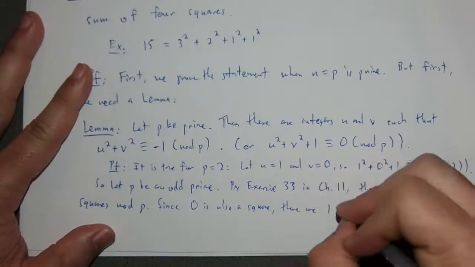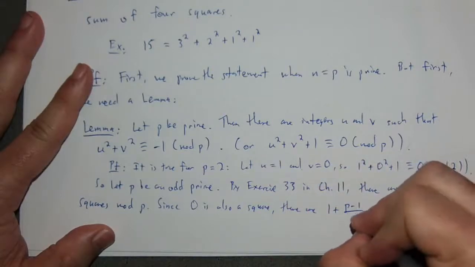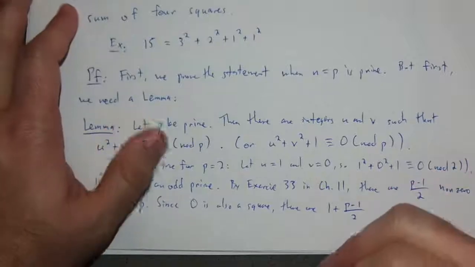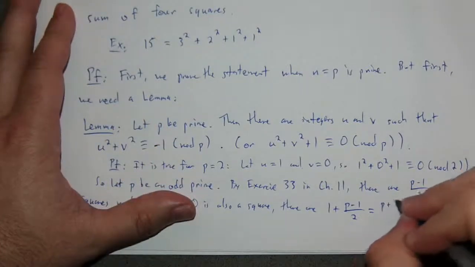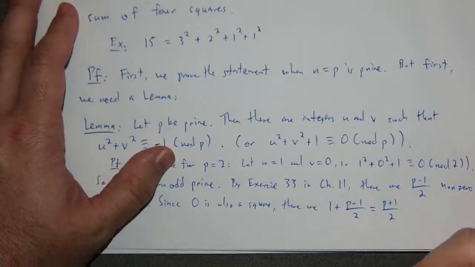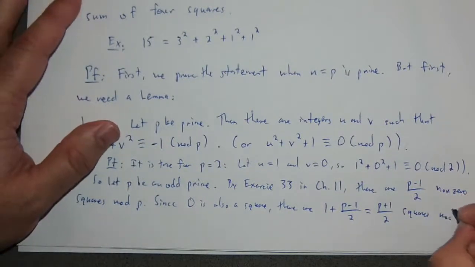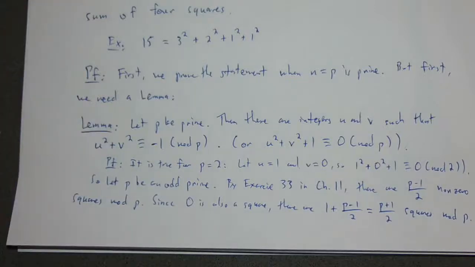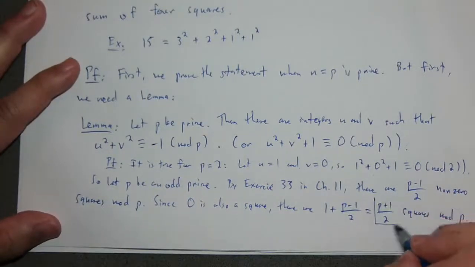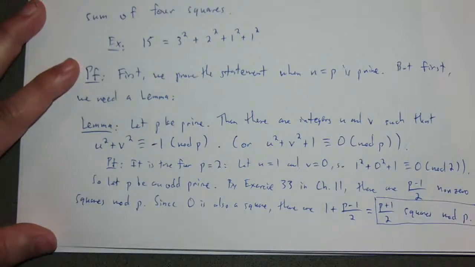So there are 1 plus (p minus 1) over 2, which is (p plus 1) over 2 squares mod p. So this is how many squares mod p there are.